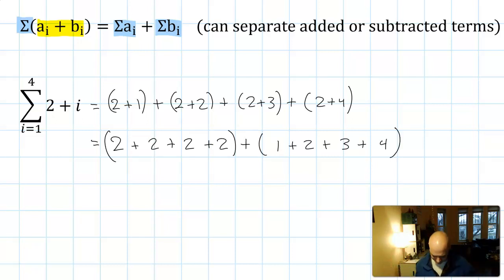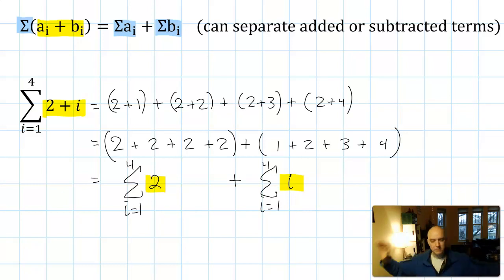And it's all addition, so that's all okay. Well, what is this? This is one of those goofy constant sums, the sum from i equals 1 to 4 of 2. And this is what we saw above, the sum from i equals 1 to 4 of i. And what have we done? We separated out a complicated sum into two much smaller sums.